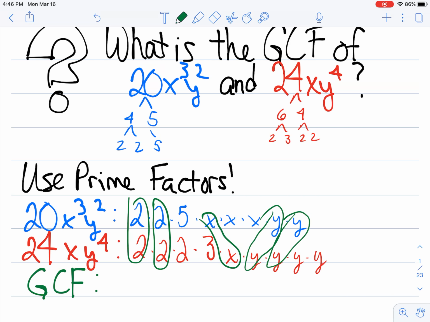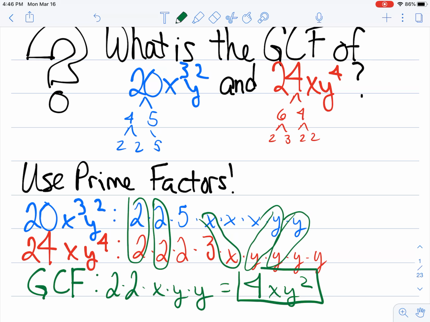So we're going to multiply all those together. So we're going to have 2 times 2 times x times y times y. Now if I multiply all those together, I get a GCF of 4xy squared. And that's going to be the GCF.